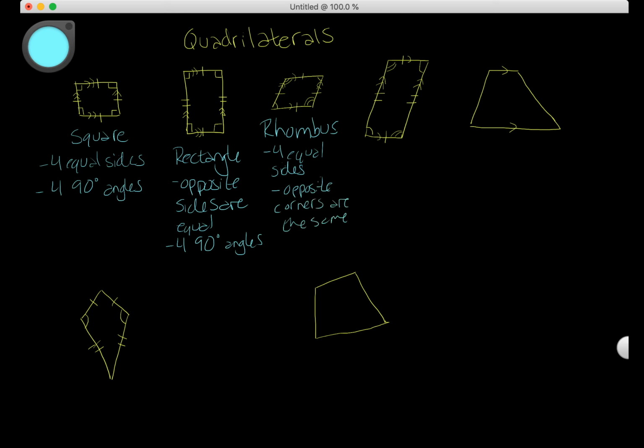This one here, after the rhombus, is the parallelogram. The parallelogram is going to have opposite sides that are equal, and the opposite corners are the same angle.